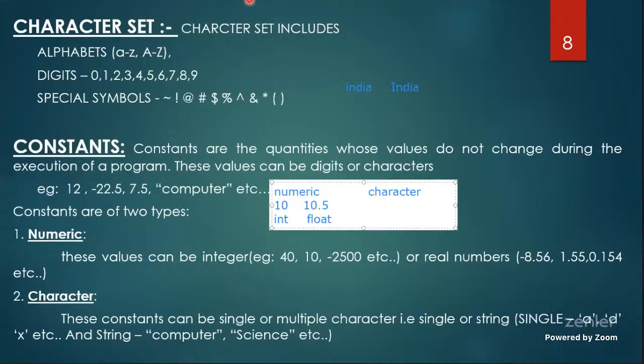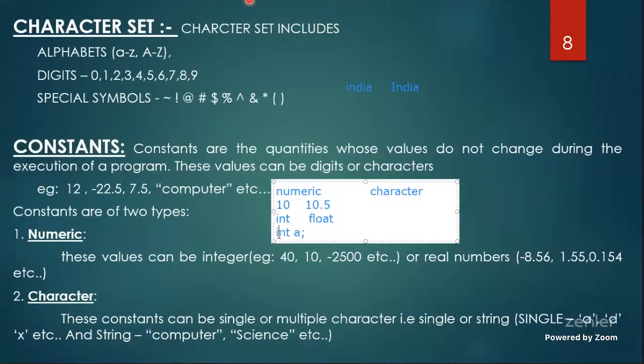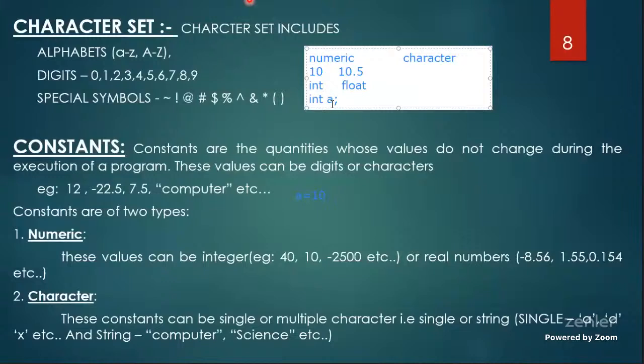Very good. Now I'll continue with that itself. For example, I will write int a. So that means you are creating a variable of type integer, right? int a means a is a variable of data type integer.